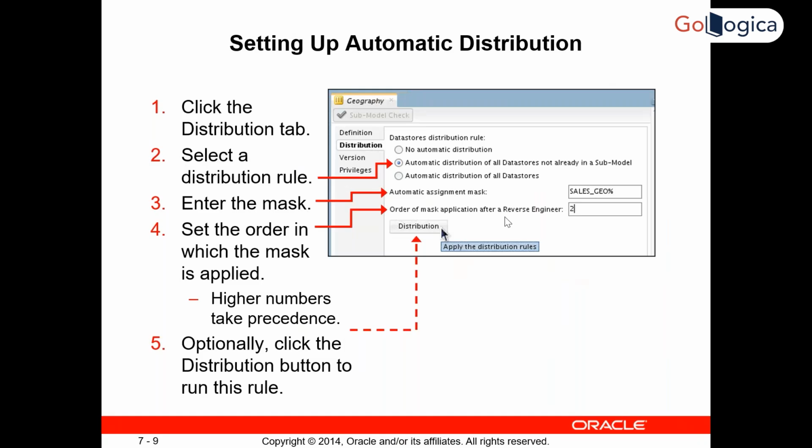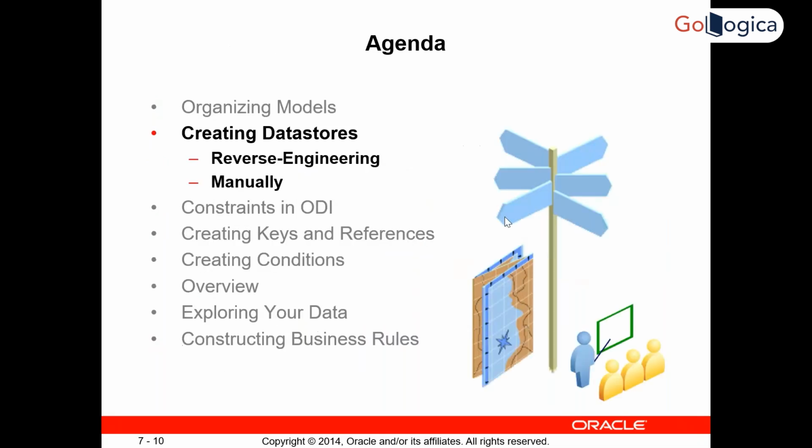If we have 1,000 tables, rather than creating all 1,000 tables as data stores in the single model, we logically group them and make different submodels. Under the submodel, we keep those data stores, which can be done by automatic distribution or manual distribution.